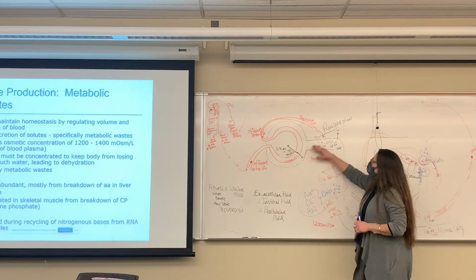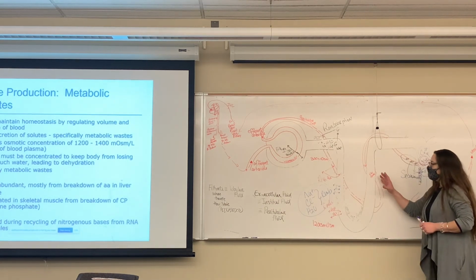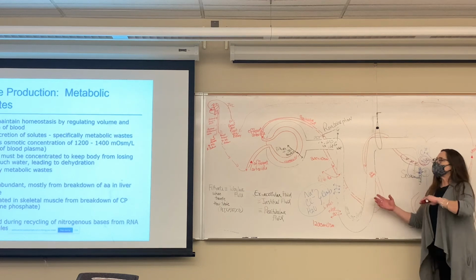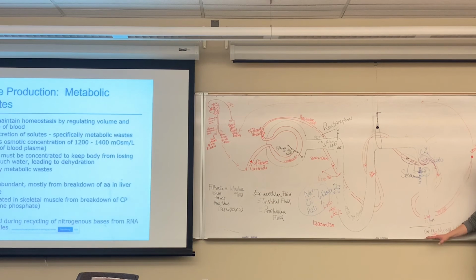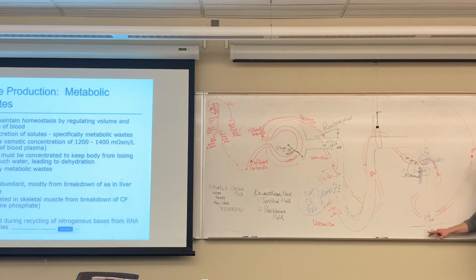But as that filtrate travels through the tubule and we secrete and reabsorb, by the time that filtrate leaves the collecting duct, it does not look like blood plasma anymore. It should be way more concentrated than blood plasma, so that again, we're not losing too much water. We want that water back in the blood so that our urine's nice and concentrated.